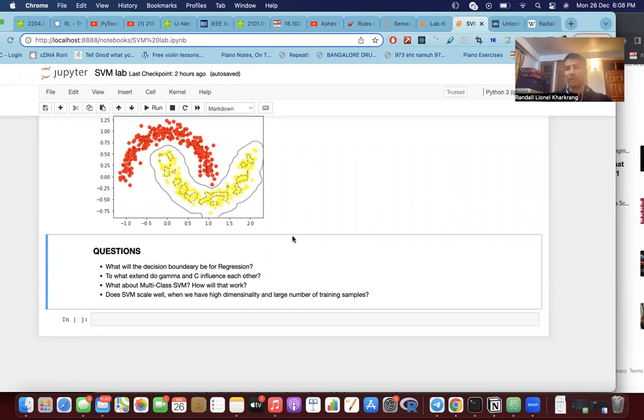Remember what we're doing in the equation, we're minimizing with a summation of those slack variables, and those are dependent on the number of training samples. So when you increase or decrease that, something's going to happen to the optimization formulation, right? So think about that.